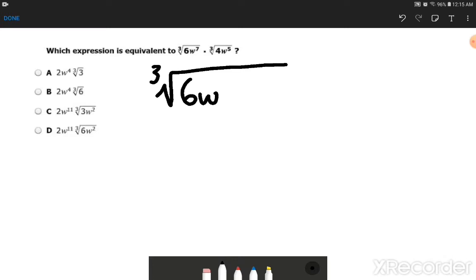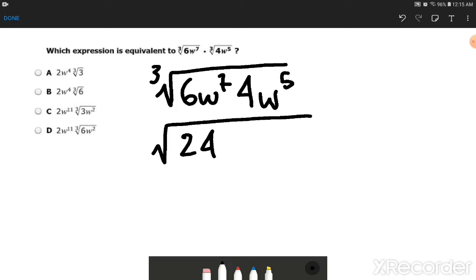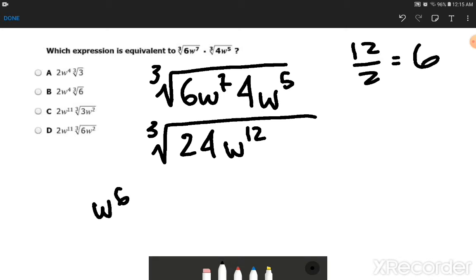So we're going to put these together and multiply 6 times 4, which is 24. And we're going to multiply the variables. Multiplying the same base means adding the exponents, so we're going to have w to the 12th. And now we are going to simplify it. We're going to take the 12 and divide it by 2, we get 6. So 6 comes out of the cube root, w to the 6th.